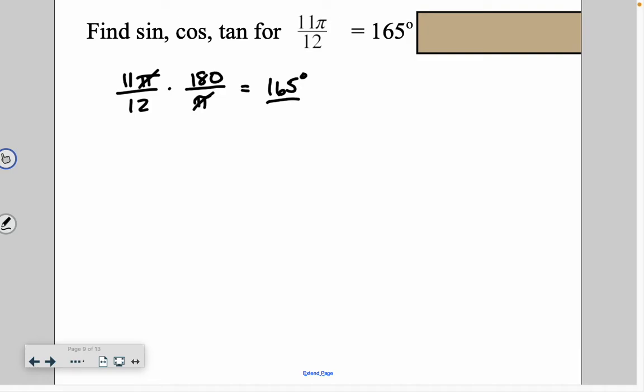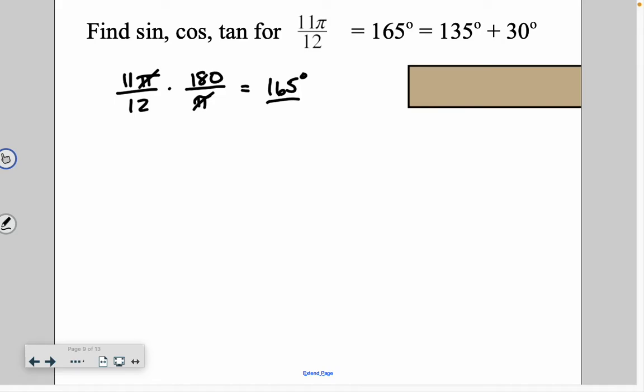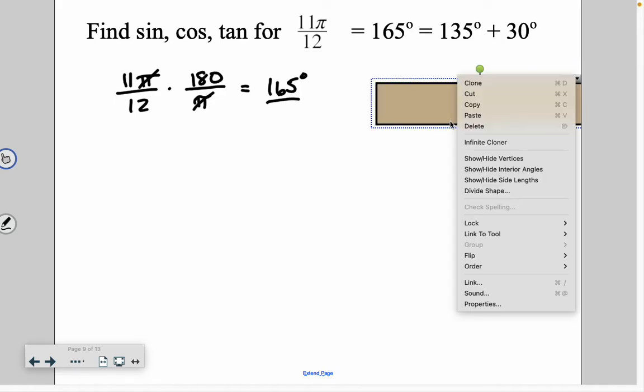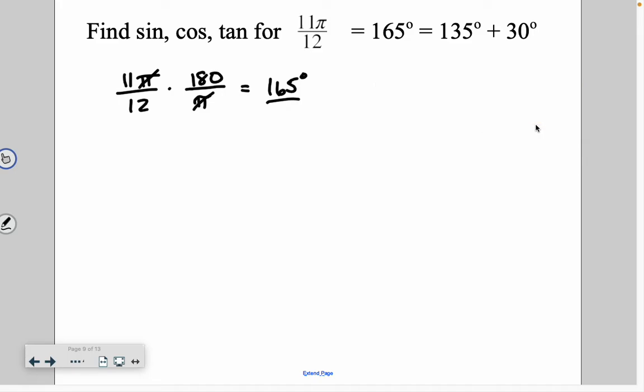It doesn't matter whether I use 120 and 45 as the two angles, or 135 and 30 as the two angles. I'm going to use the 135 and the 30. Like I said, it does not matter one way or the other. That's just what I had up here. So let's use that instead, and we'll do a sine one.